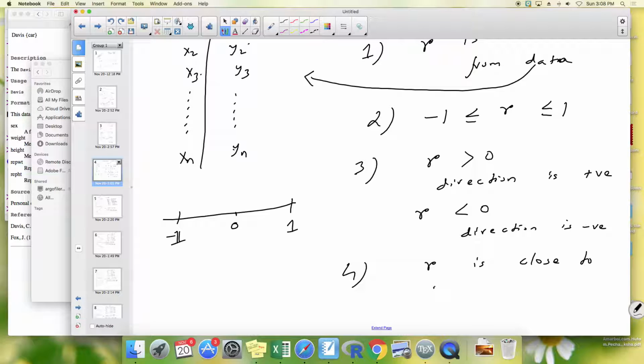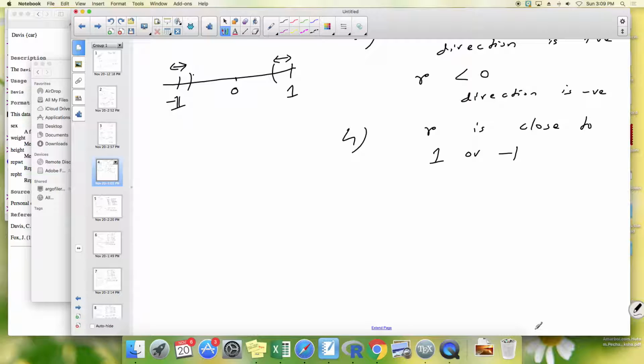If r is close to 1 or -1, any of them, suppose it's somewhere in this region or somewhere here, I'm not trying to tell you that these are points, but close to -1 or close to 1, then the linear trend is strong.